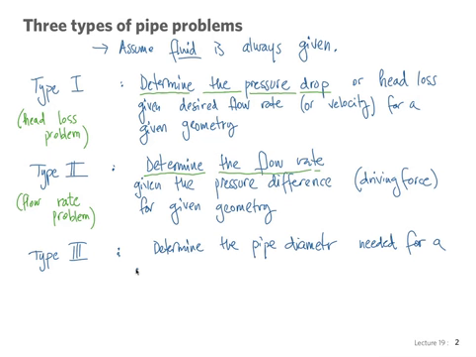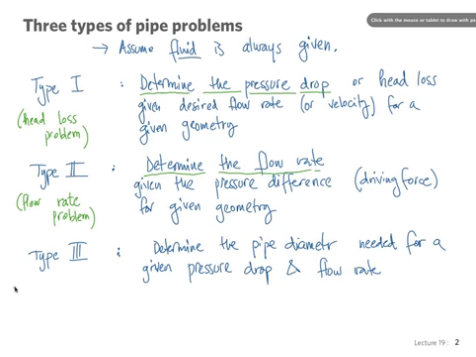So that's given pressure drop and flow rate. So we can call this a sizing problem. We want to determine the pipe diameter.